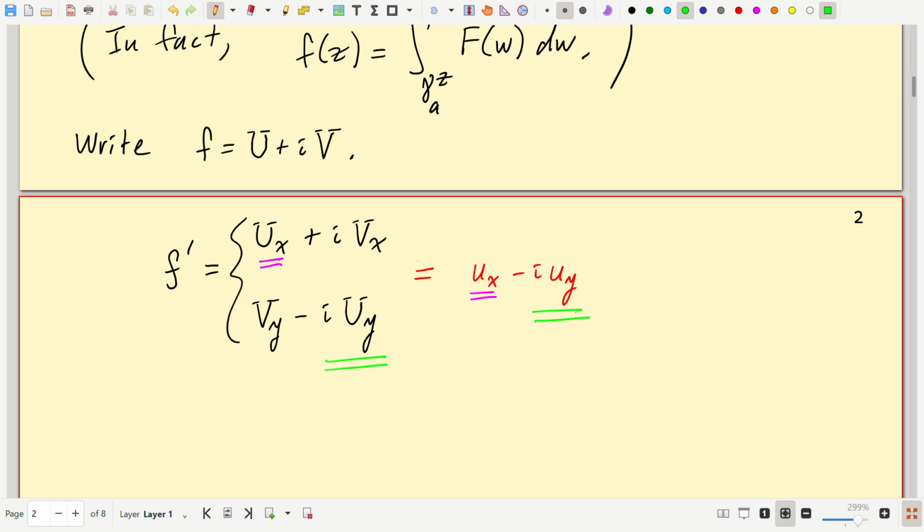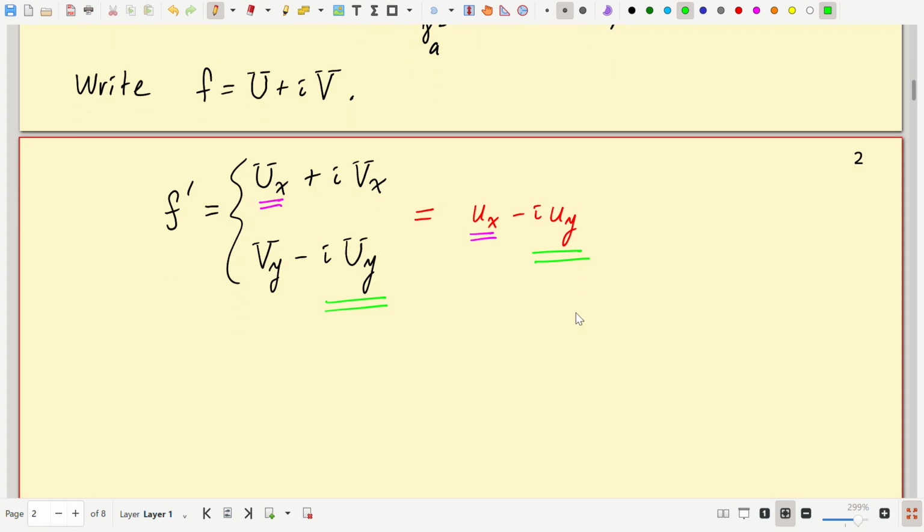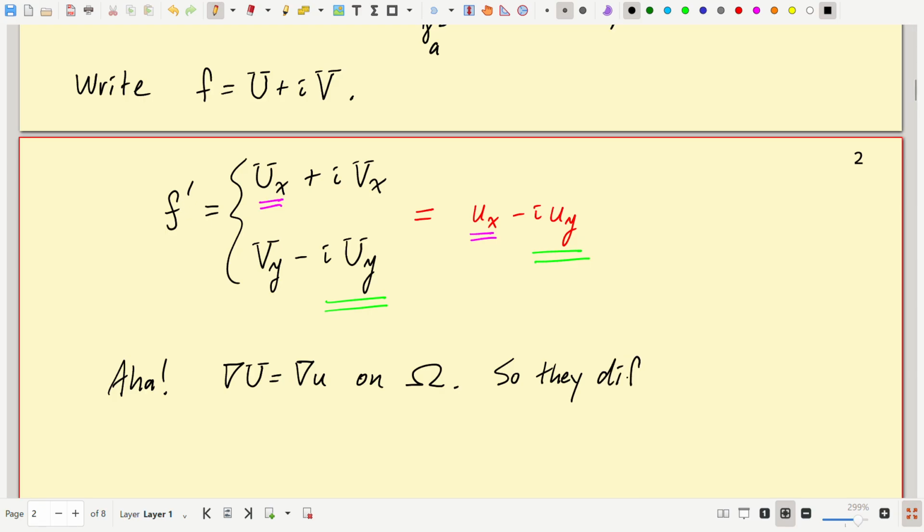I see that the derivatives with respect to y are the same. So the aha here is the gradient of capital U is equal to the gradient of little u on omega. So they differ by a constant. That's true on any connected domain. If their gradients are the same, they differ by a constant.